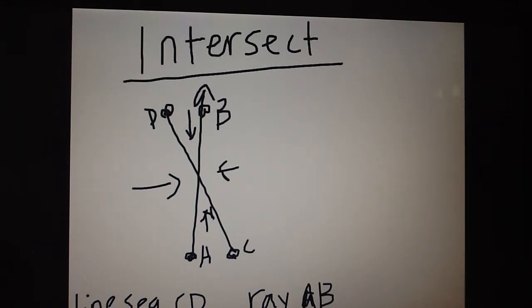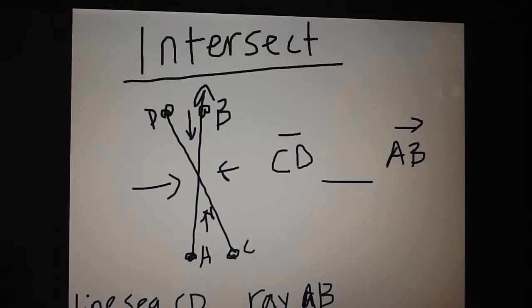You would do CD, with our line segment over it, and then AB with our ray over it, and then what would we put here in the middle? It doesn't have a symbol, so we just write CD intersects ray AB. They should make a symbol. You should make one.